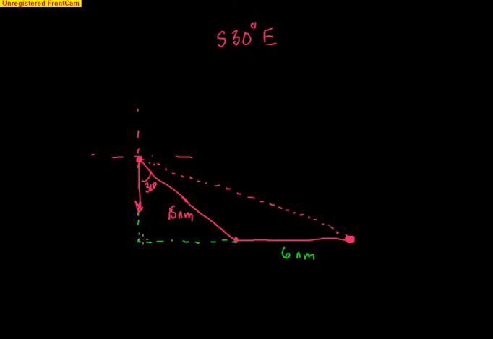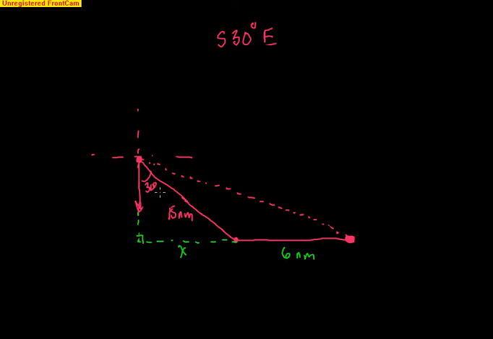The first thing I have to find is, well, I can't use Pythagorean's theorem yet because this is not a right triangle, but overall it is a right triangle. So I need to find this green distance right here, and I could use the fact that this is 30 degrees, the hypotenuse is 15, and I'm looking for this side right here. I'll call it x right now.